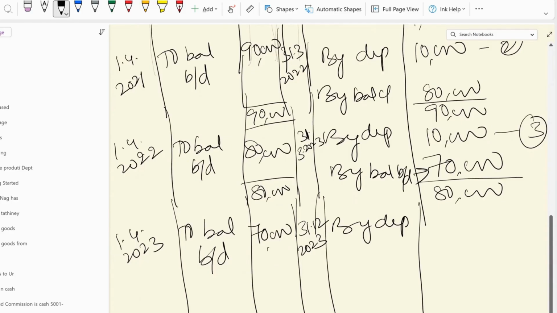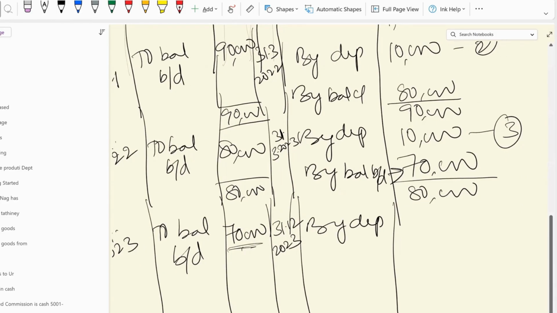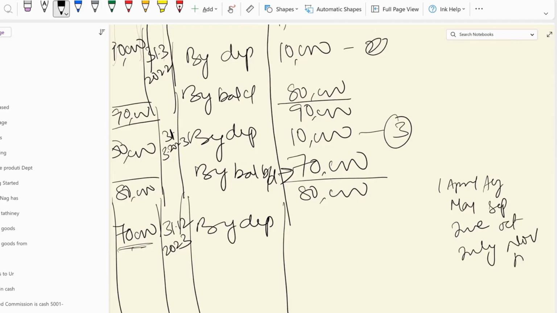No, 1/4/2023 is a new beginning, 70,000. We used the machinery till 31/12/2023. So 1st April, May, June, July, August, September, October, November, and December. 1, 2, 3, 4, 5, 6, 7, 8, 9 months we have used.